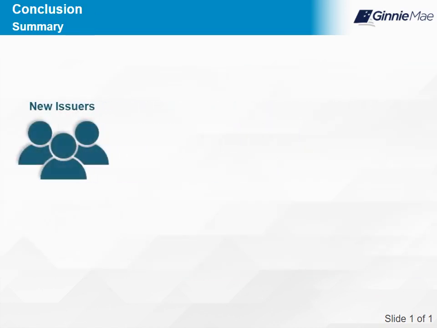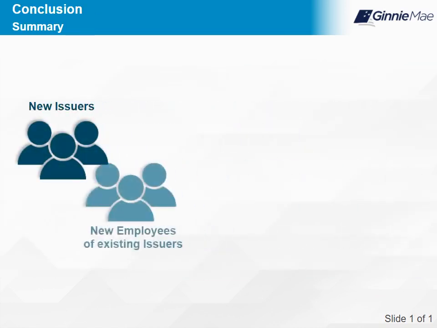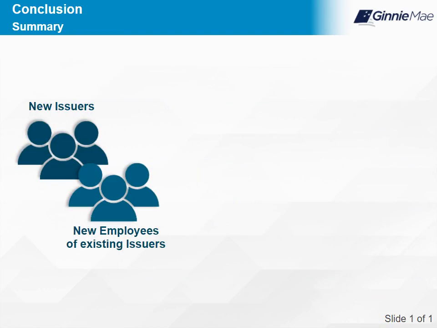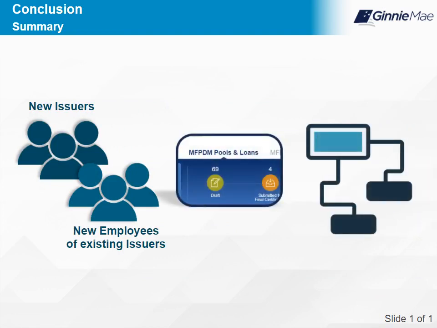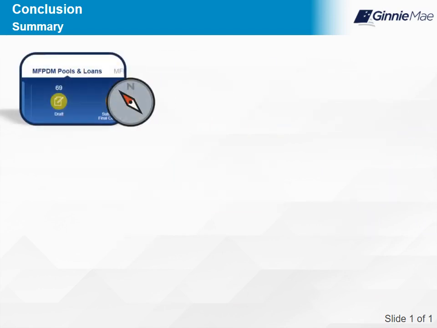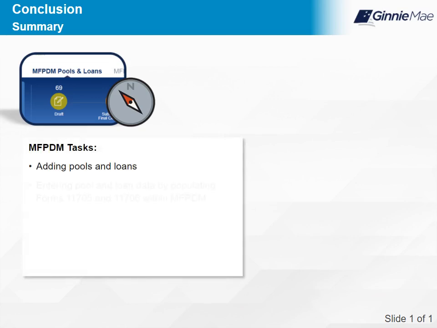The goal of this training is to provide new issuers and new employees of existing issuers a fundamental understanding of the new pool process associated with the MFPDM application. You learned how to navigate through MFPDM to perform important tasks. These tasks included adding pools and loans and entering pool and loan data by populating forms 11705 and 11706 within MFPDM.